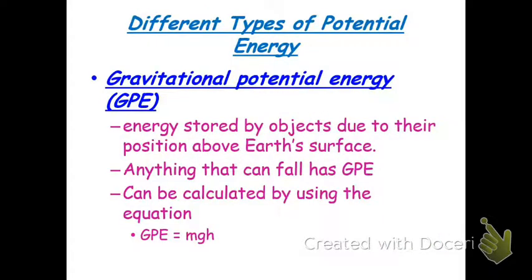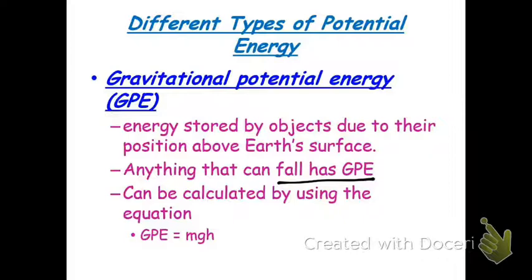The most common type of potential energy that we use in physics is GPE, gravitational potential energy. This is a type of energy that we have due to the position of an object above the Earth's surface. So anything that can fall has GPE.